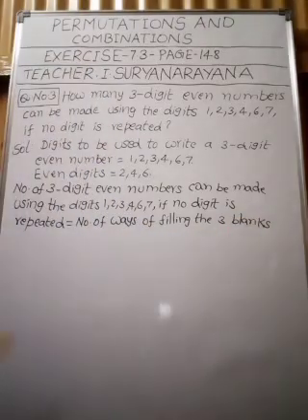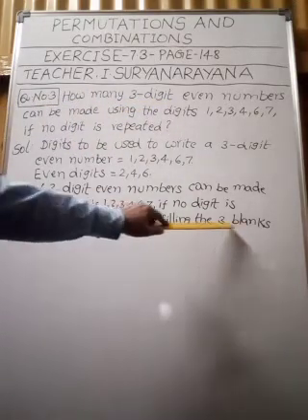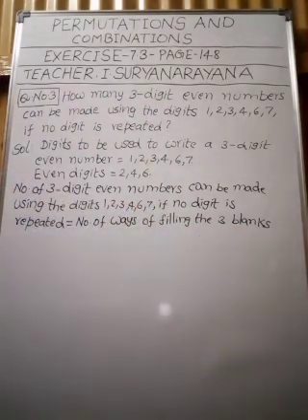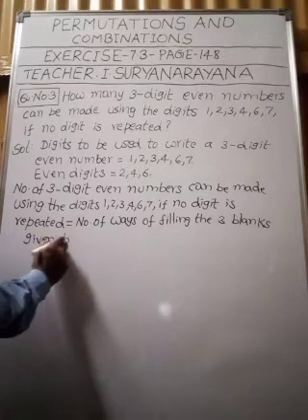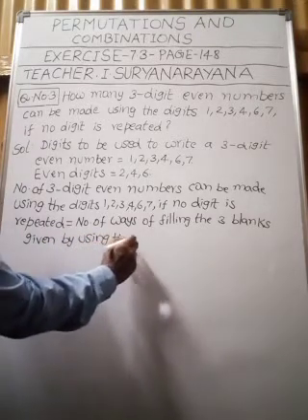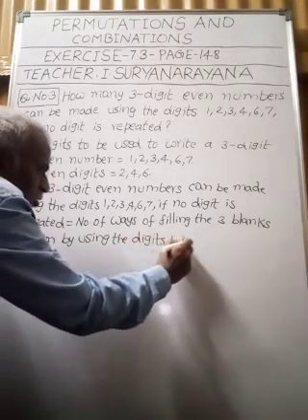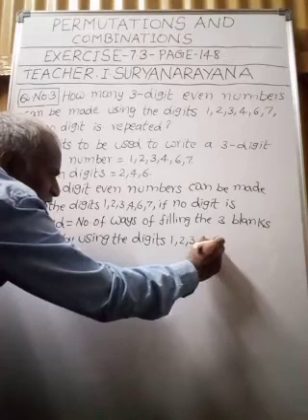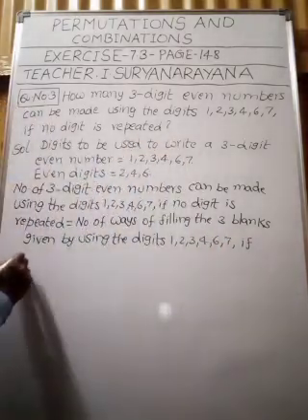Why should we take 3 blanks? Because we have to write a 3-digit number. That is why we are taking 3 blanks. So number of ways of filling the 3 blanks given below by using the digits 1, 2, 3, 4, 6, 7 if no digit is repeated.